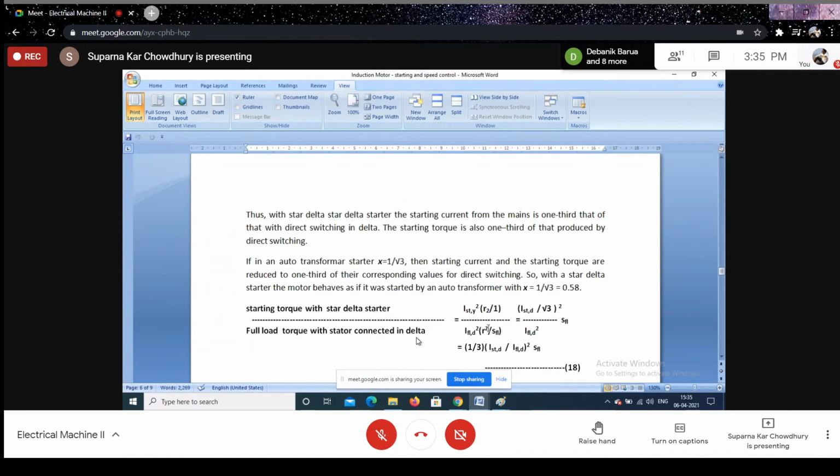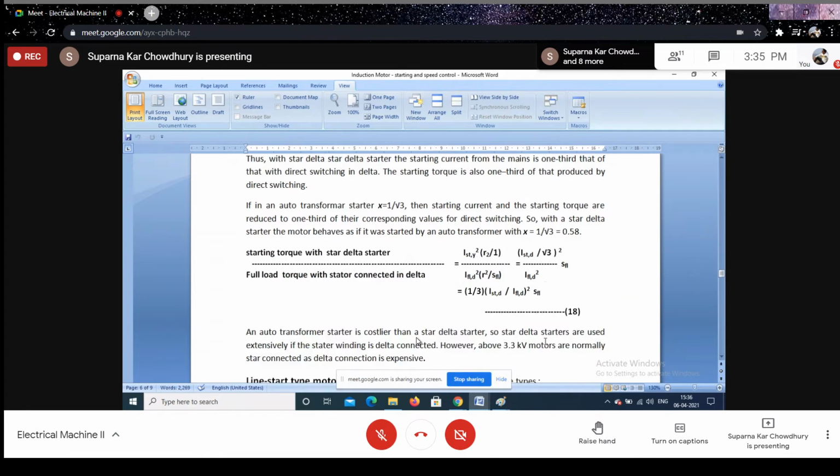This is the full load current. So it will be I starting delta by root 3, squared, by I full load delta squared, which is 1 by 3 times I starting delta by I full load delta squared.